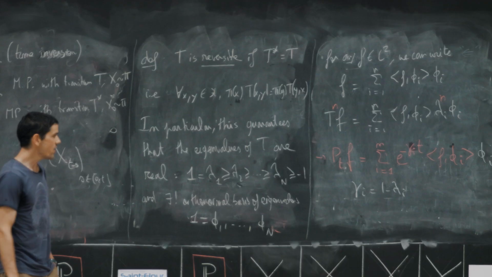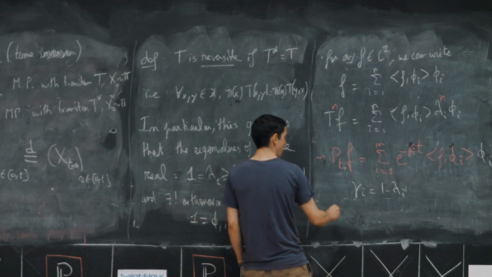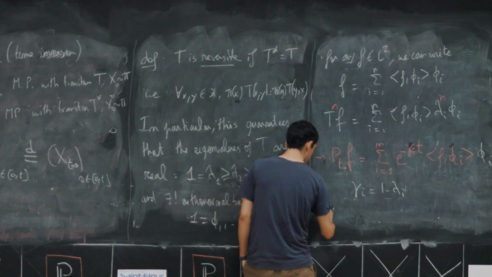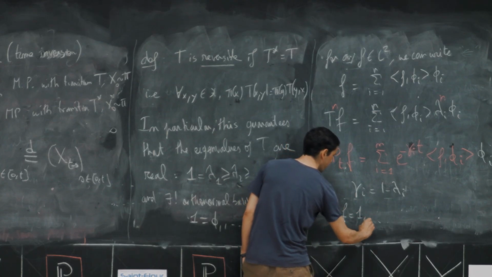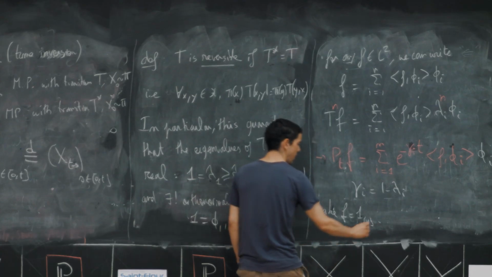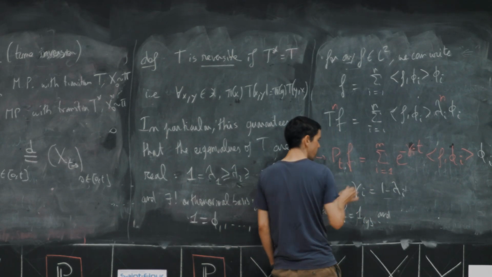Okay, and so in particular, if you take f to be the Dirac mass at y, or indicator of the state y, and you evaluate this equality, this is an identity between two vectors, so you evaluate it at the point x.